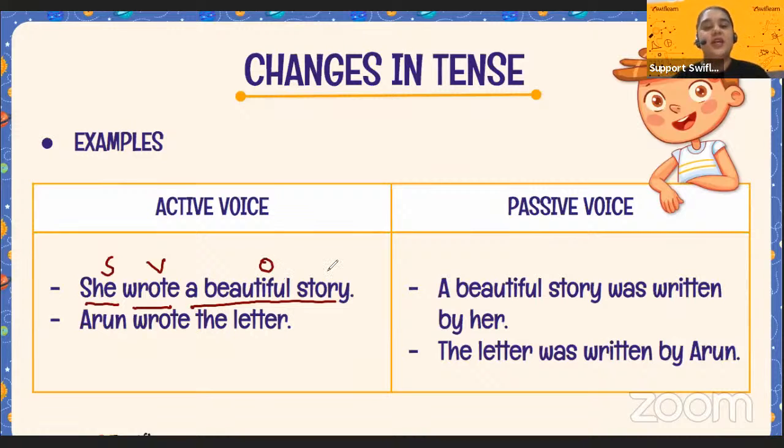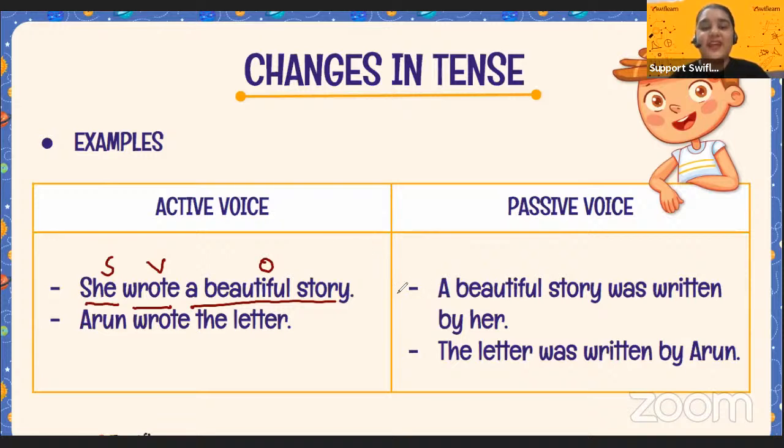object. Very good. So now when we are changing into passive voice, we know that the object will become the subject and the subject will become the object. And which form of verb will you use? Yes, verb third form. And which preposition will you use? By. Very good. So you remember all the rules.